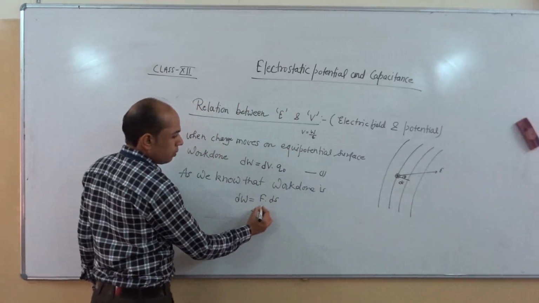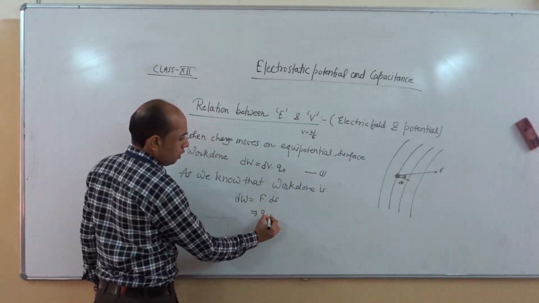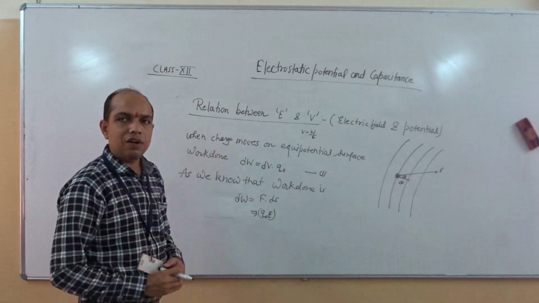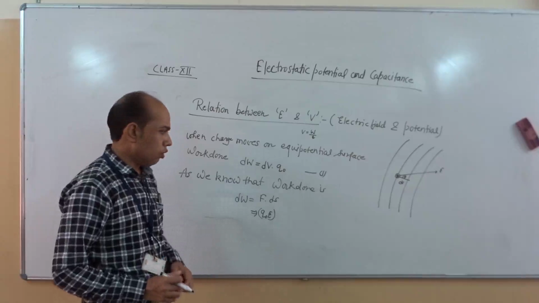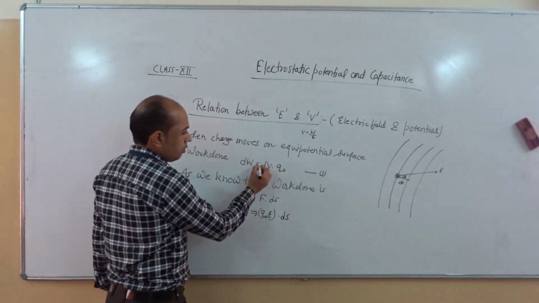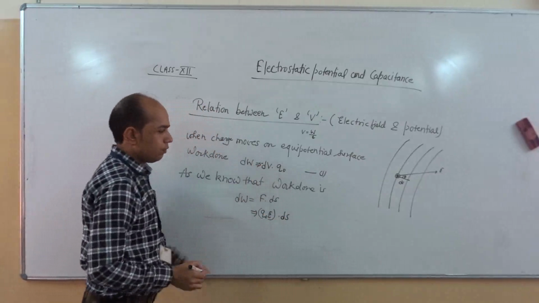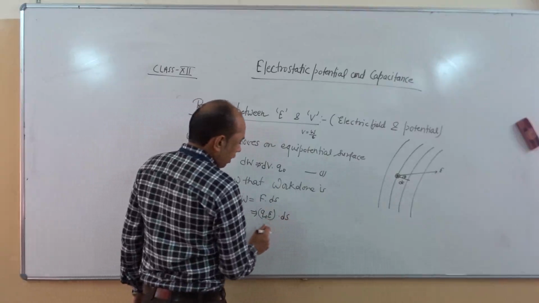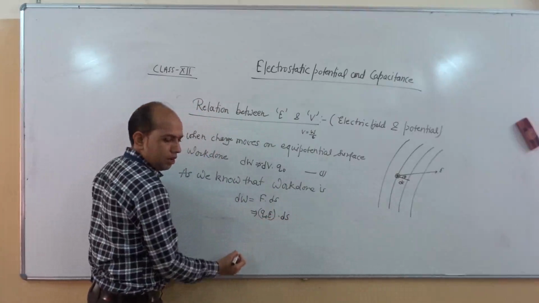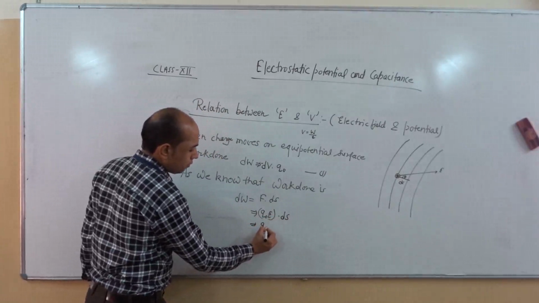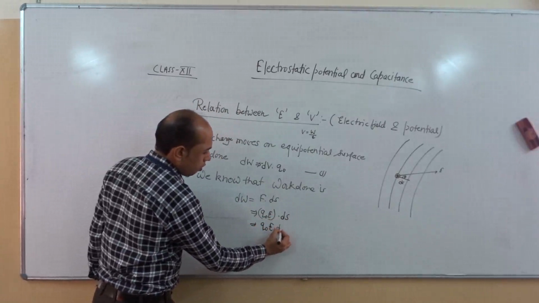So force is replaced by Q naught E, as by the definition of electric field, E is equal to F upon Q naught. ds remains the same, and since potential is negative, I am writing a negative sign. And because of the dot product, there is an angle, cos of theta.